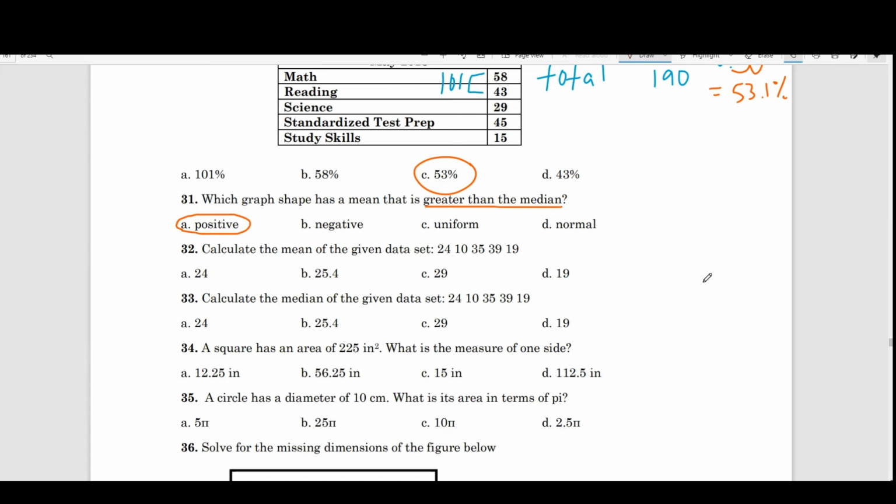All right, number 32, it says, calculate the mean of the given data set. So we have 24, 10, 35, 39, and then 19. Mean means that we have to add all these together and divide by the number of values. So we know we have 1, 2, 3, 4, 5 values all together. So we're going to add them up and then divide by 5.